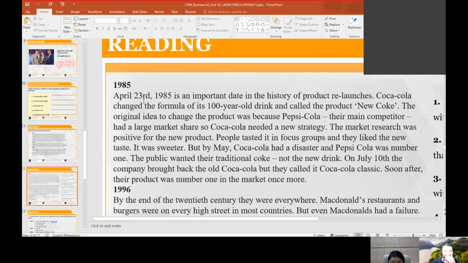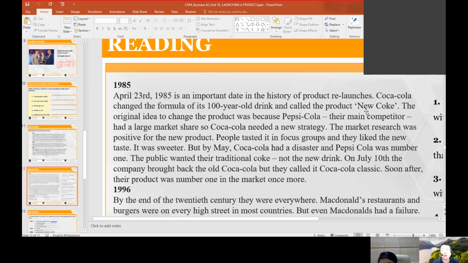April 23rd, 1985 is an important date in the history of product launches. Coca-Cola changed the formula of its 100-year-old drink and called the product New Coke.